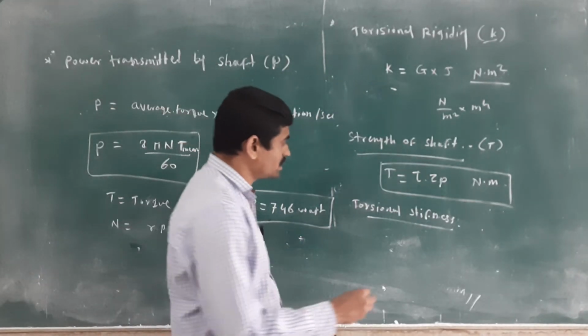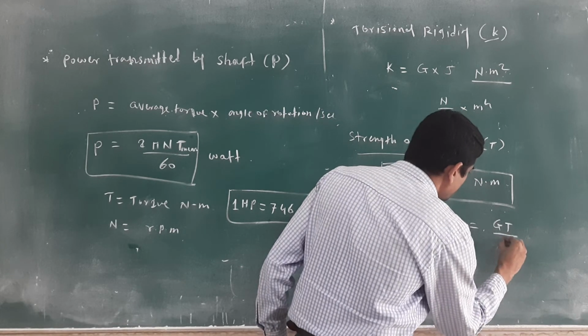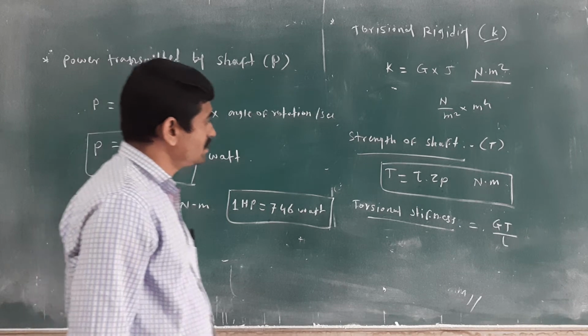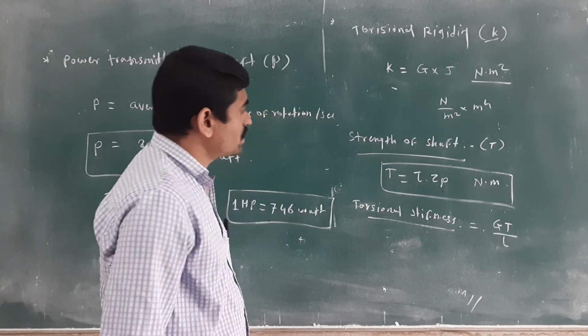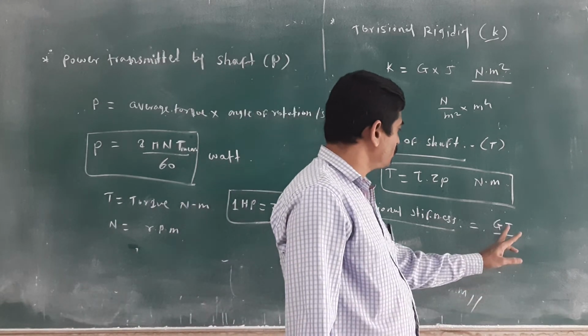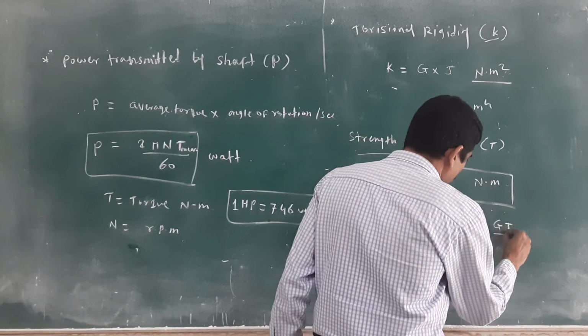Unit angle of twist means what? We will get G into J divided by L. You know the formula, T by J is equal to G theta by L. T by J is equal to G theta by L. Then you will get the torsional stiffness.